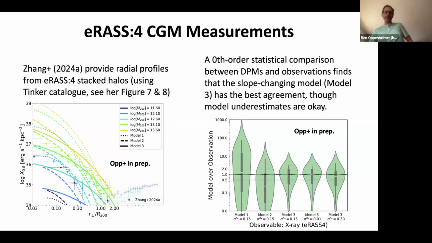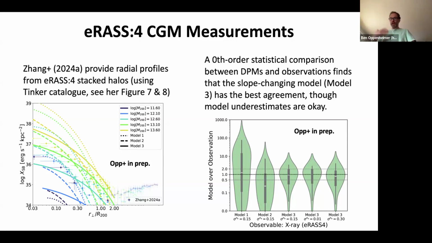So in this paper, I think I changed the title of the y-axis here, but this is taking my model and ratioing it with the observation. If the model's too bright, the model over observation ratio is more than 1. Summing over all these data points, you can see that model 1 will sometimes be much too bright.